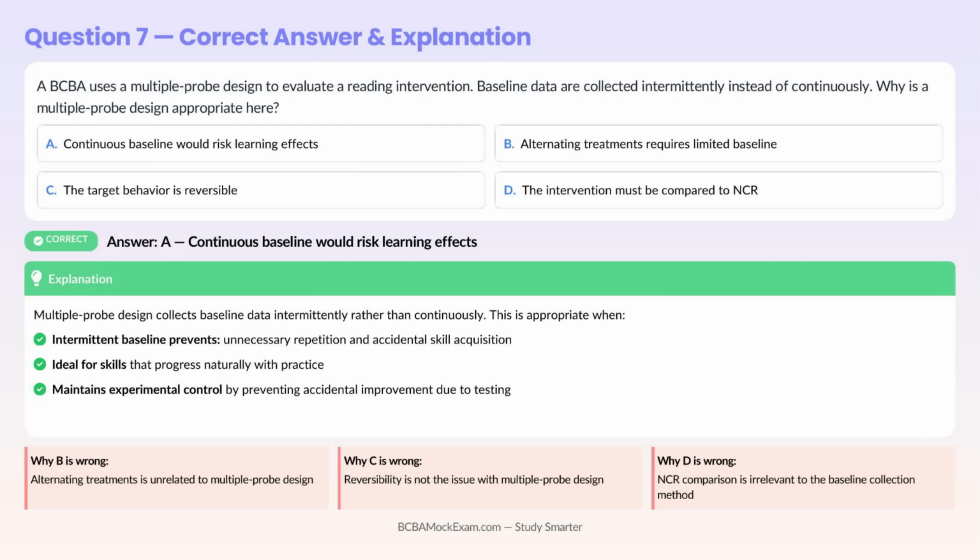Option B is incorrect because alternating treatments does not require intermittent baseline and is unrelated to the logic of multiple probes. Option C is wrong because reversibility is not the concern in this situation. Option D is unrelated, since comparing to NCR has nothing to do with how baseline is collected. The key point is that intermittent baseline protects against learning effects that would occur with continuous measurement.